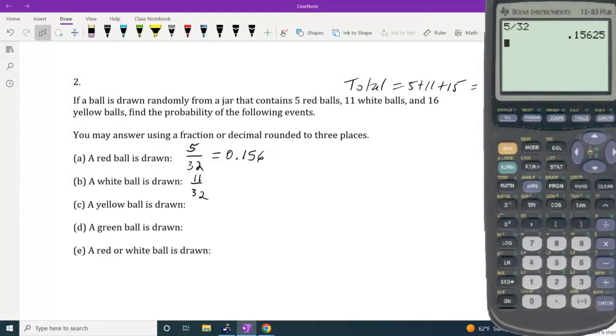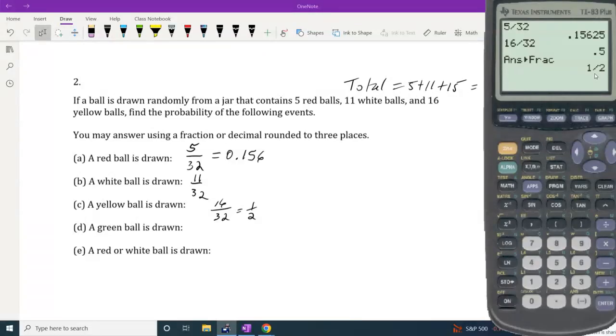That's going to give us 16 out of 32, and that's going to reduce down to 1/2. In the calculator, just as a reminder, 16 divided by 32 decimalizes as 0.5. However, you can change that decimal to a fraction, and it's always going to give you that fraction in lowest terms.